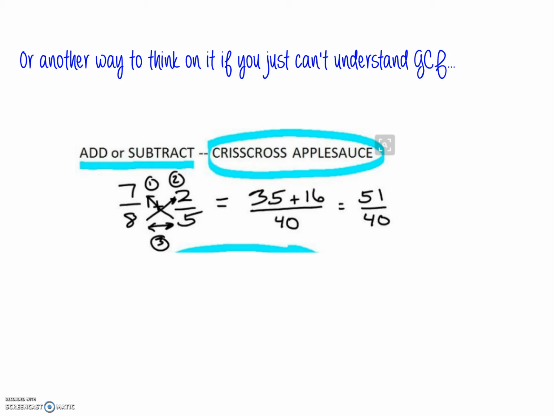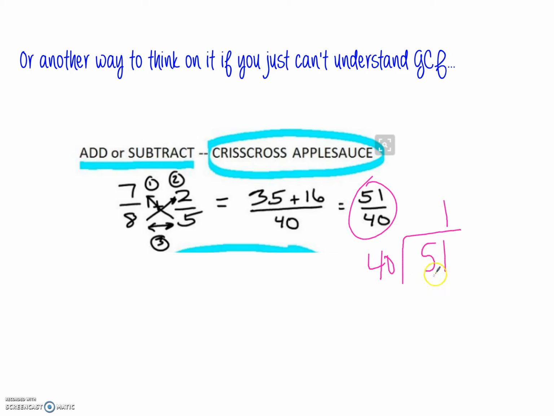Okay, this is the same exact thing. It's called crisscross applesauce. So if you can't figure out that least common denominator, you can do what we just did. Cross multiply, add those, and then multiply our bottoms. And then make sure at the end, this is not right, so make sure we simplify.